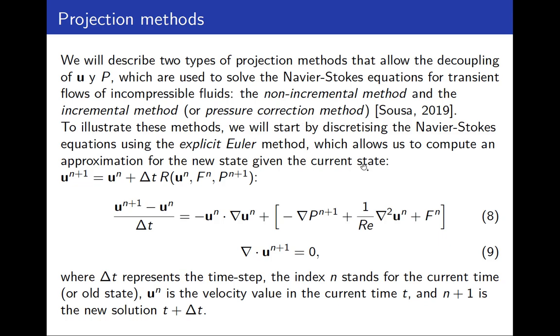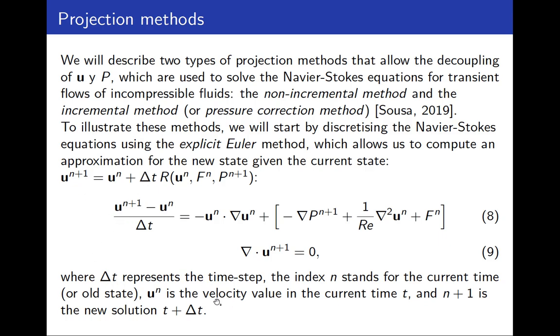To illustrate these methods, I also want to give an introduction to the temporal discretization of the Navier-Stokes equations. We will use the explicit Euler method, which allows us to compute an approximation for the new state given the current state. The goal of the explicit Euler method is to find the new solution of the velocity based on a previous value of the velocity.